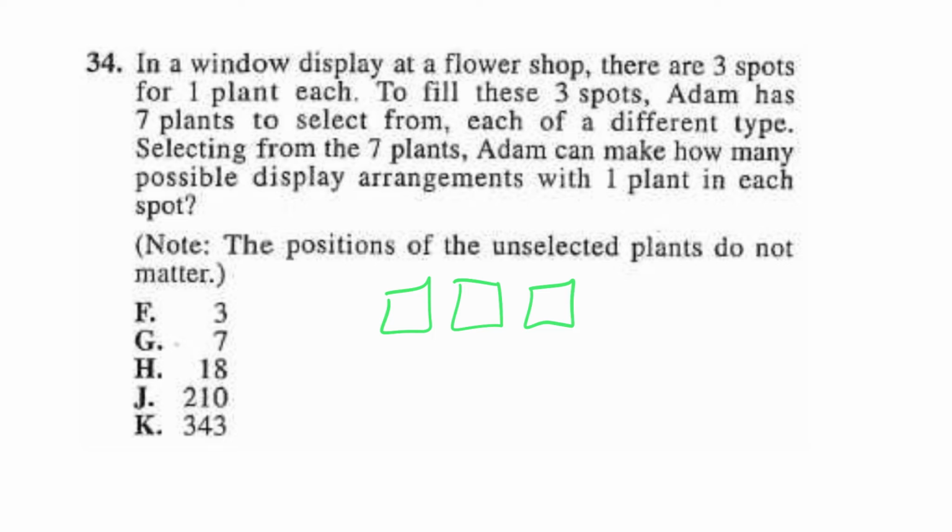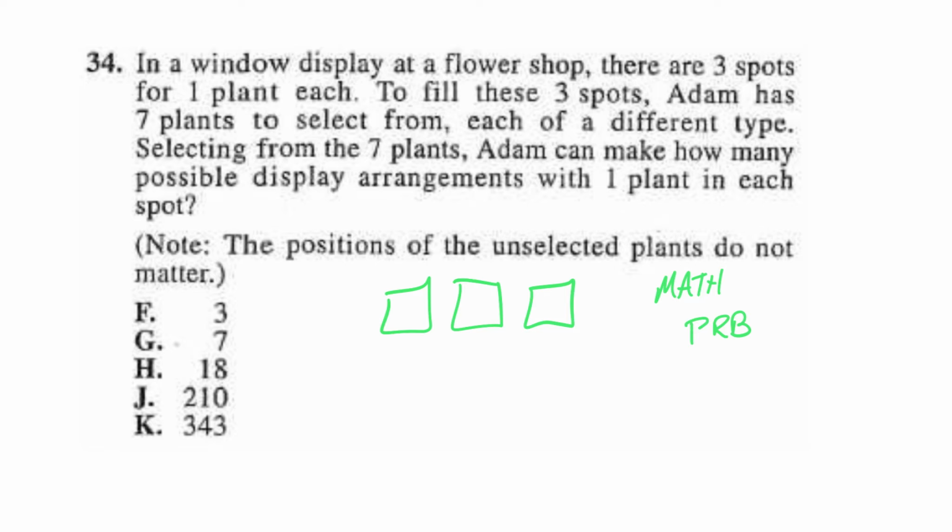So this is a topic that we have not covered in statistics yet, but there's a thing called a permutation, and it's a button in your calculator. If you go to math and then hit over 4 times and go to PRB, that's probability. It is the second option in there.